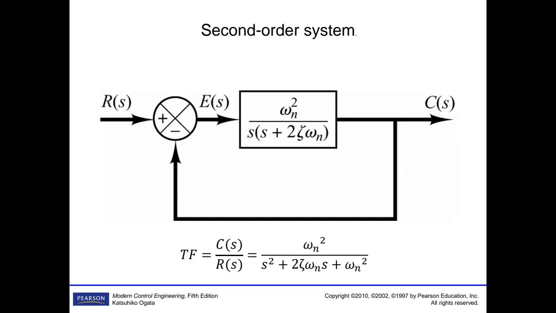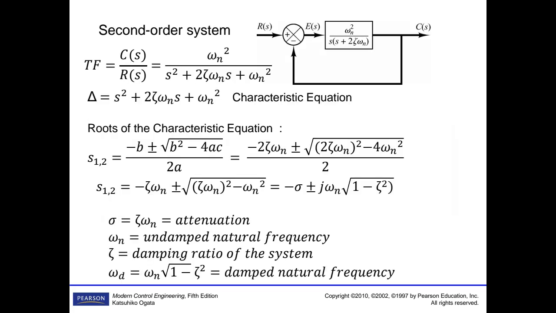The roots of the characteristic equation are decisive, giving you information about your step response, ramp response, and things like this. Sigma is the attenuation, the real part of the poles. Omega n is the undamped natural frequency. Zeta is the damping ratio. Omega d is the damped natural frequency.